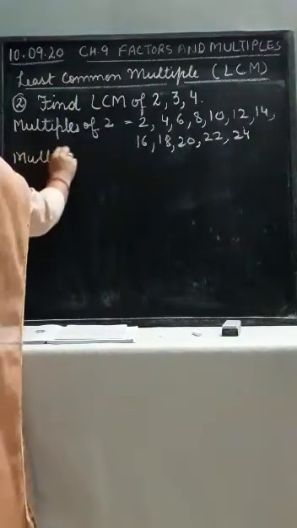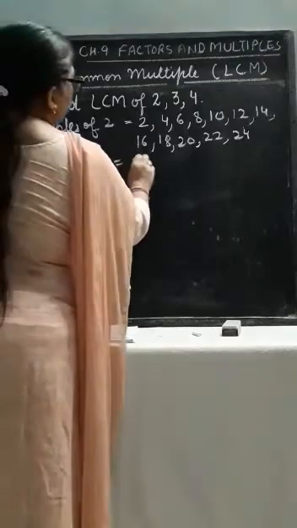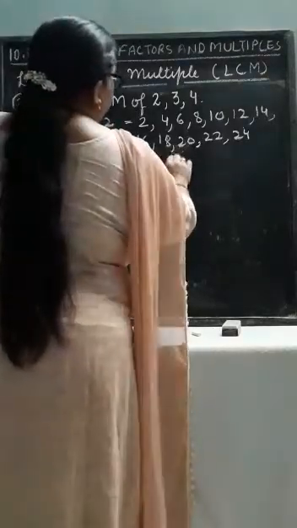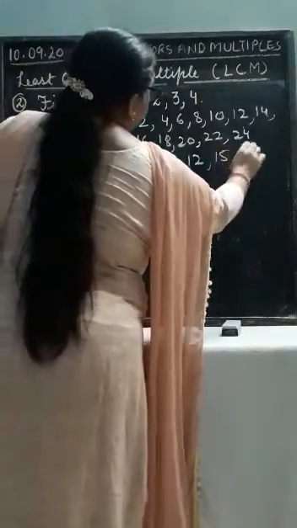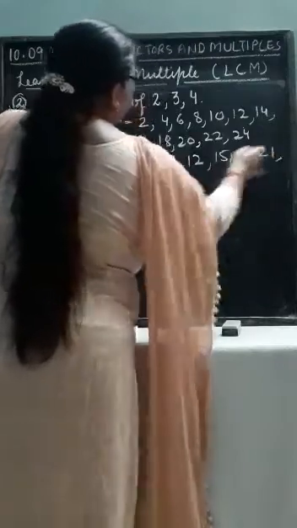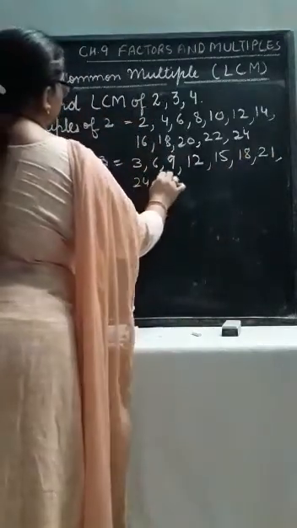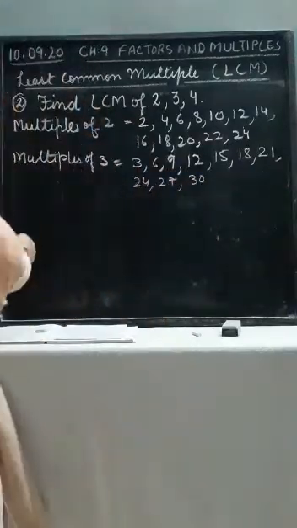Multiples of 3. 3 ones are 3, 3 twos are 6, 3 threes are 9, 4s are 12, 5s are 15, 6s are 18, 7s are 21, 8s are 24, 9s are 27, 10s are 30 and so on.